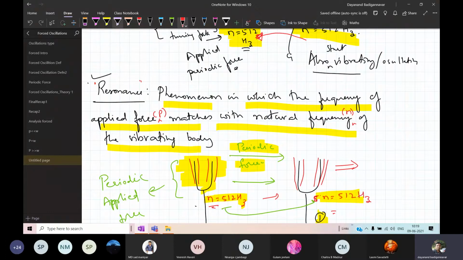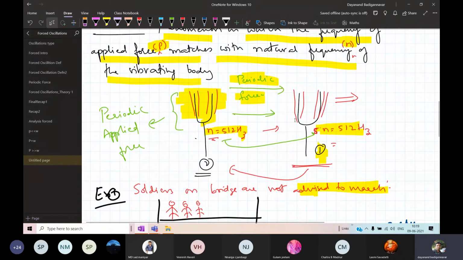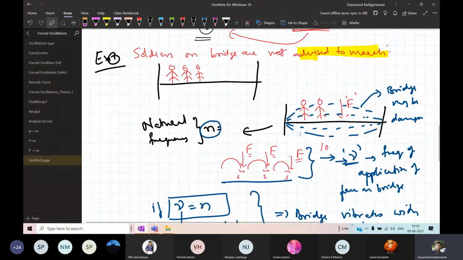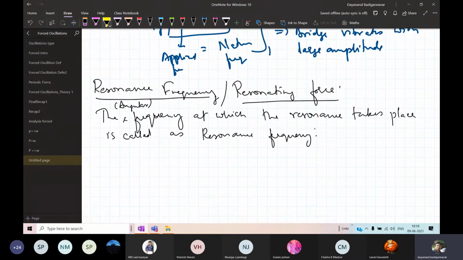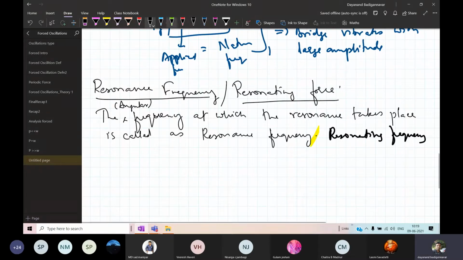P and omega are the applied frequency and the natural frequency. The angular frequency at which the resonance takes place is called the resonance frequency or resonating frequency. So what is that resonating frequency? P is equal to omega. This is the condition.